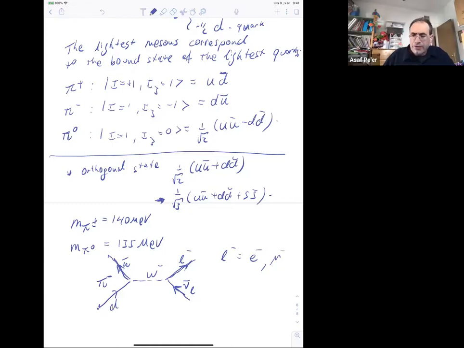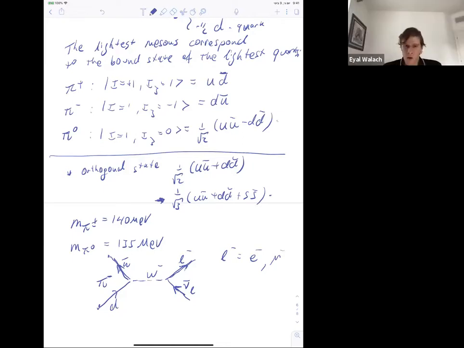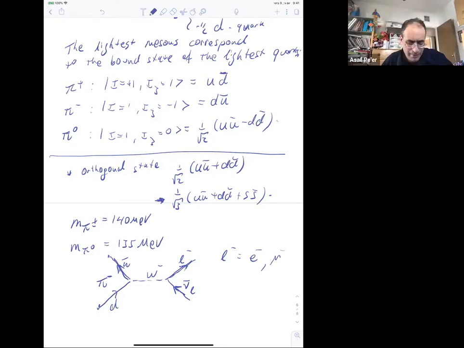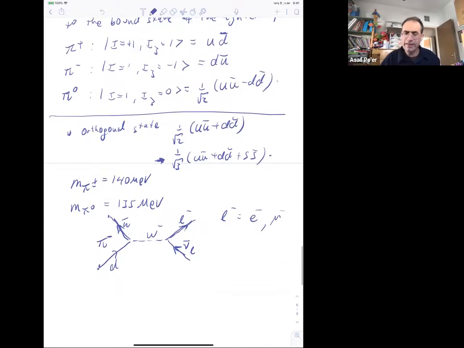Now, since the pion is lighter than the tau, it cannot decay into the tau particle, but we can reorder the Feynman diagram. If we reorder it, we can describe the opposite process in which the tau can decay into the pion, just taking the same diagram and switching it.